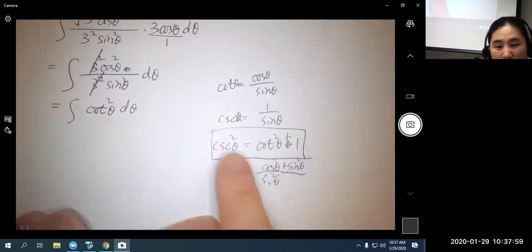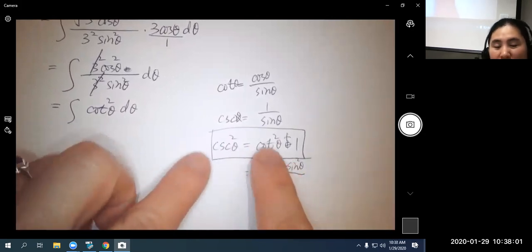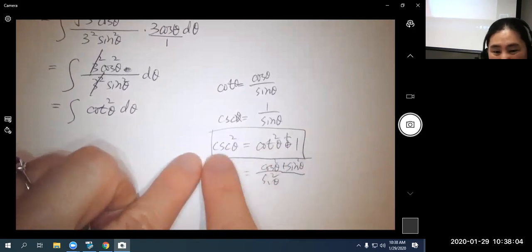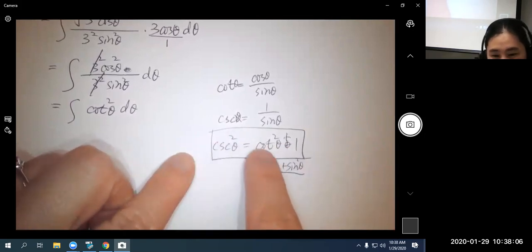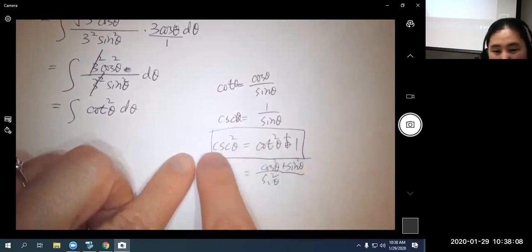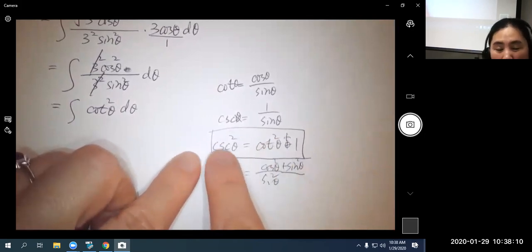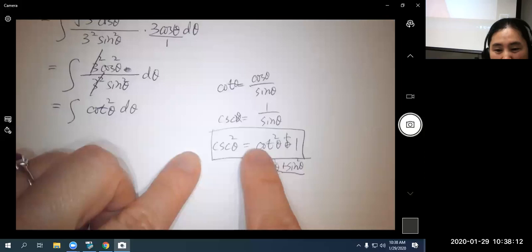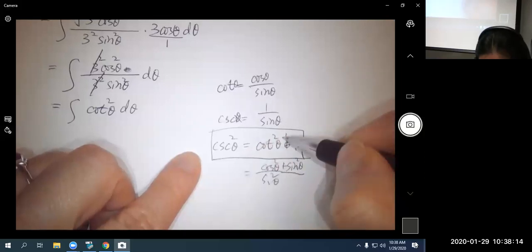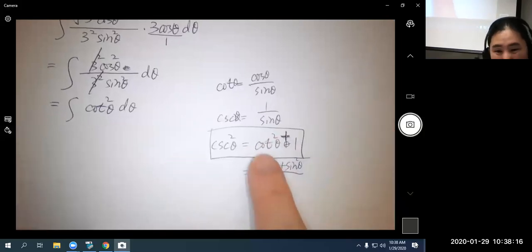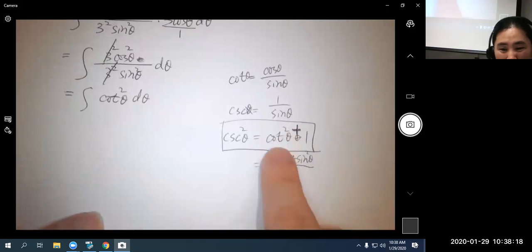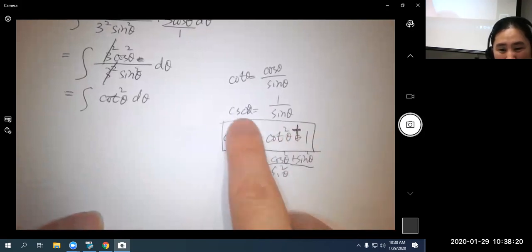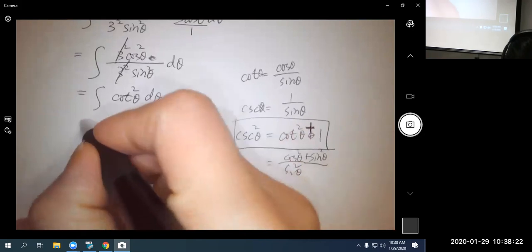Just like secant and tangent: secant squared theta equals tangent squared theta plus 1. Now for cosecant, same thing. Cosecant squared theta can be written as cotangent squared theta plus 1. Yeah, this is plus. So cotangent squared theta can be written as cosecant squared theta minus 1, okay?